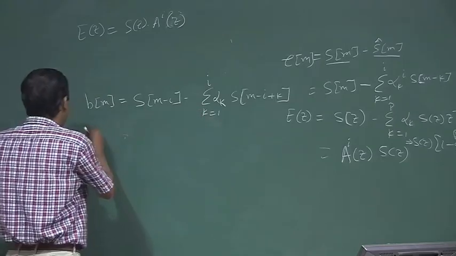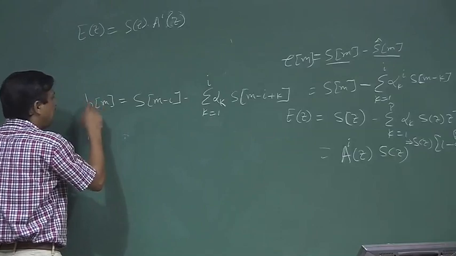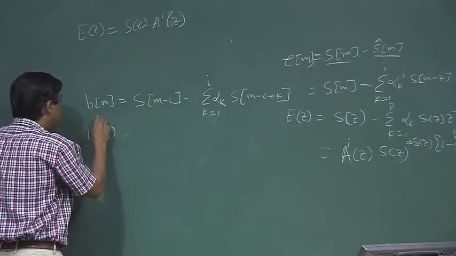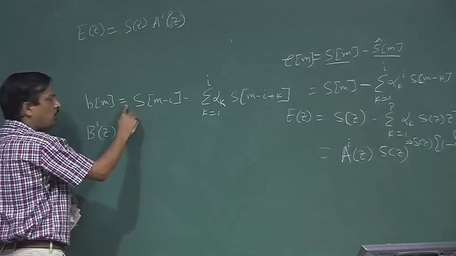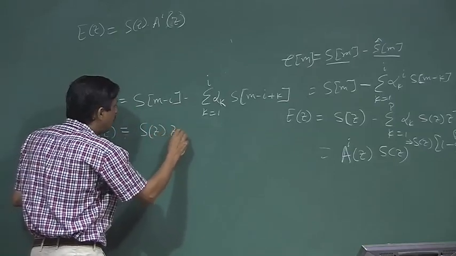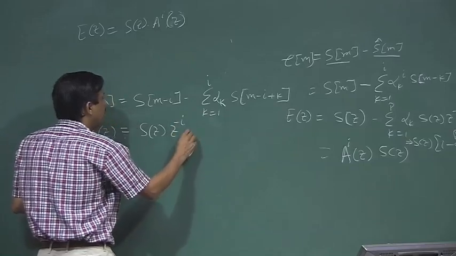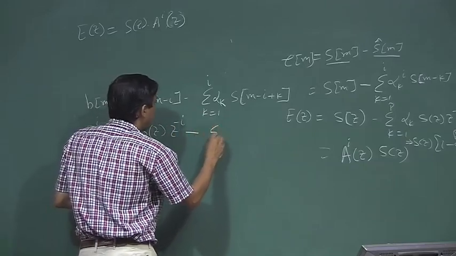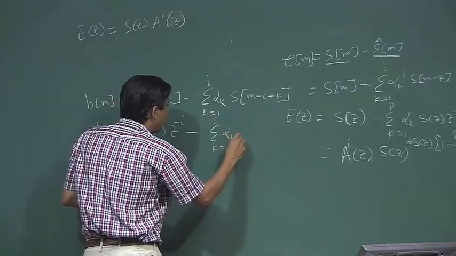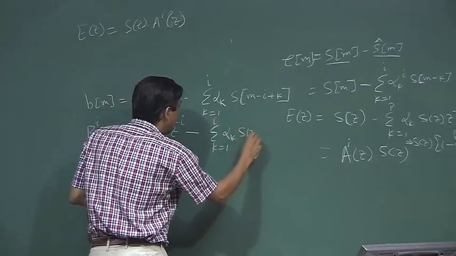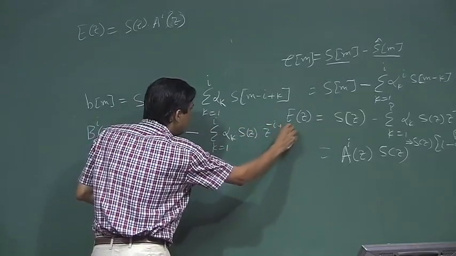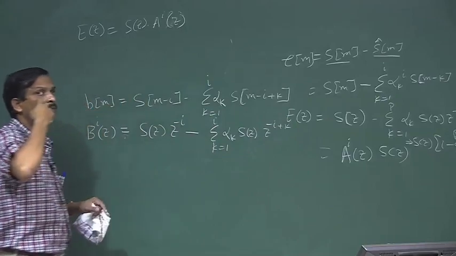So, if it is an ith order predictor, I can say B_i(z) is equal to, I take the z domain, S(z) into z to the power minus i, minus the sum over k equal to 1 to i of alpha k S(z) into z to the power minus i plus k, in the z domain.